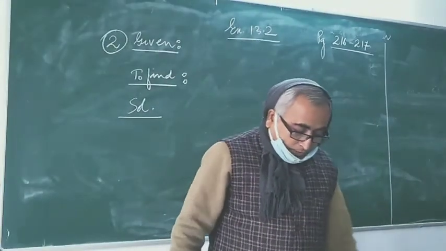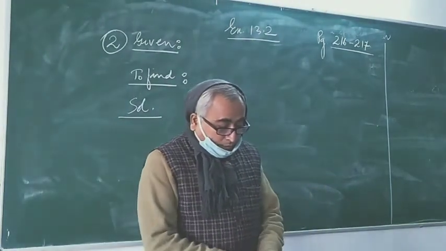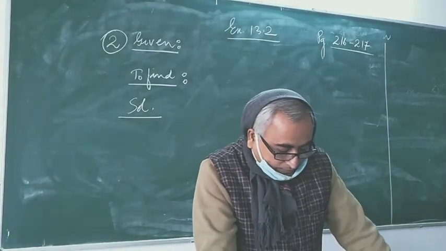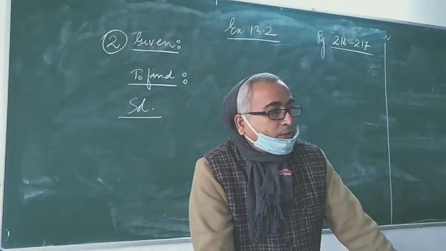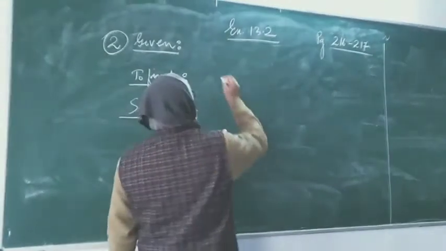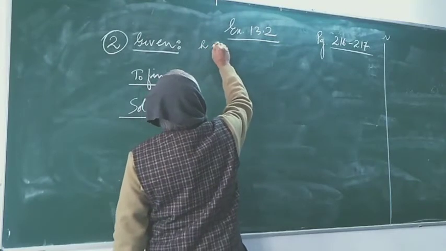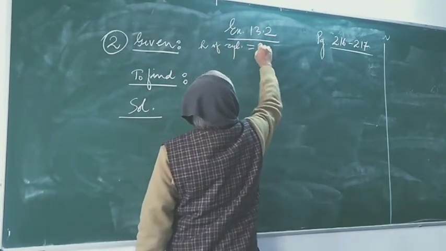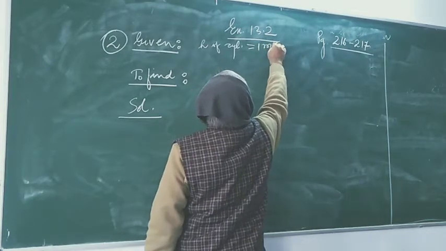In question number 2, it is required to make a closed cylindrical tank of height 1 meter. The height of the cylinder, h, is given: how much? 1 meter.